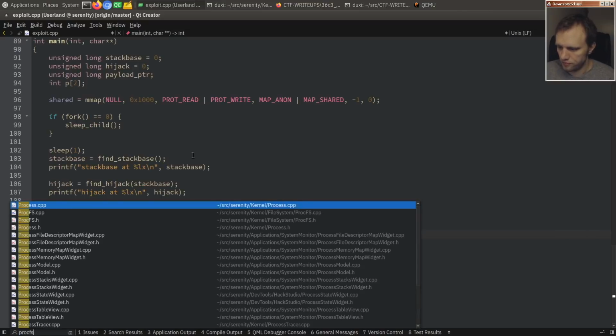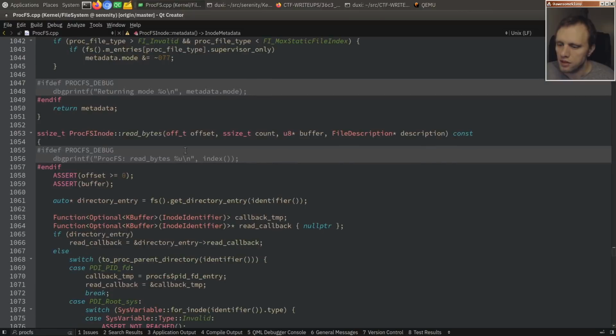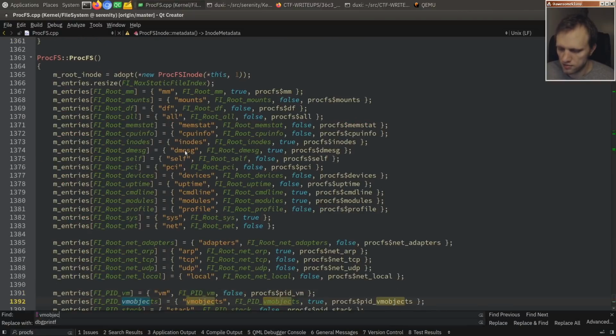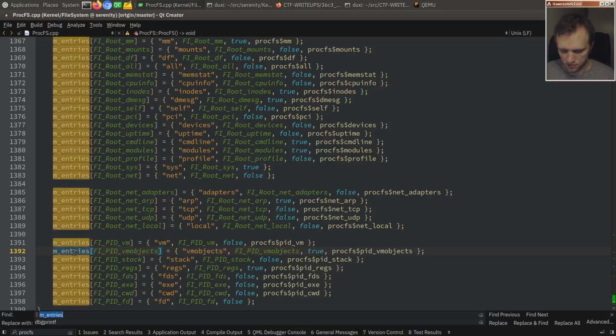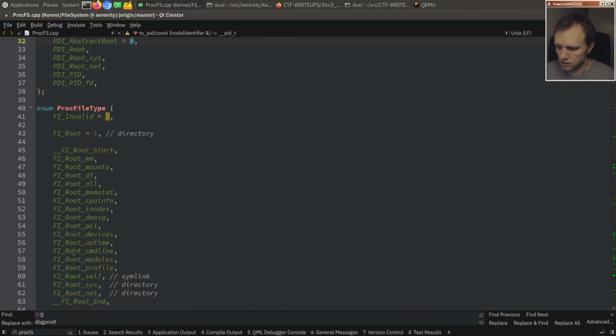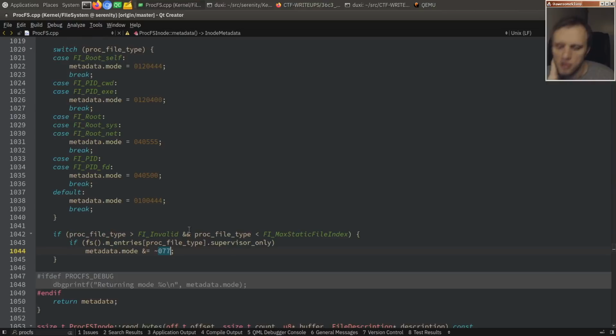Procfs, VM objects. Wait. So we're taking off, oh shit. Oh, we're only changing the mode bits.